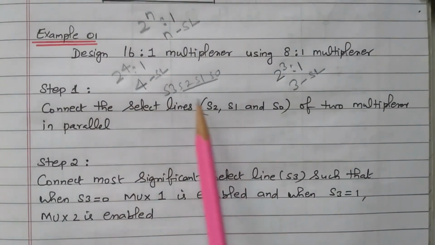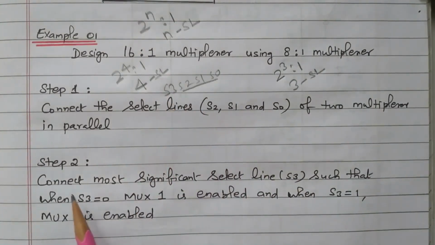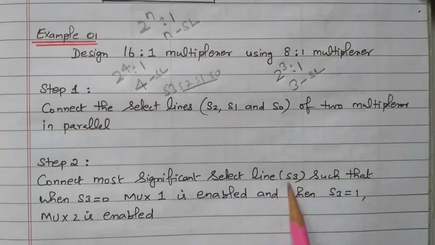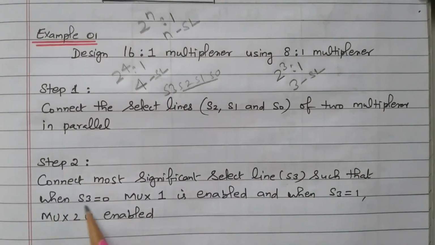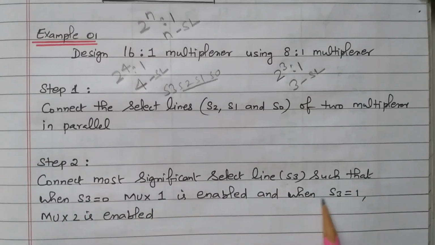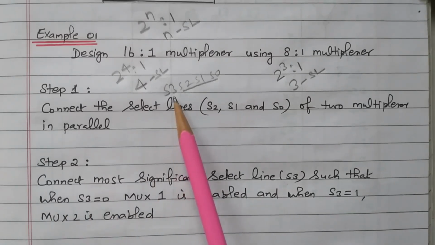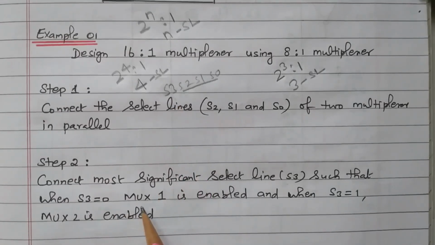What about the other selection line? Connect the most significant selection line. S3 is the most significant selection line, such that when S3 equals 0, mux 1 is enabled. When S3 equals 1, mux 2 is enabled, right? So the fourth selection line S3, that is the MSB selection line, is used to enable mux 1 and mux 2.